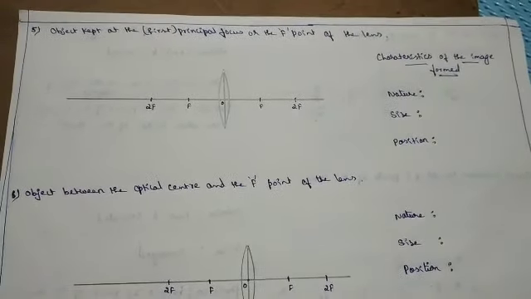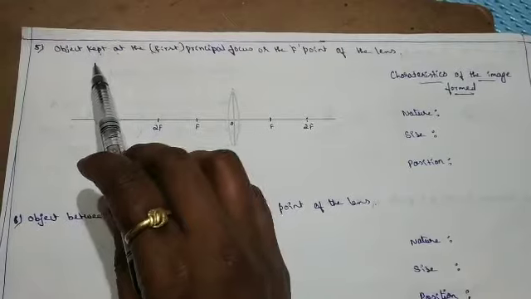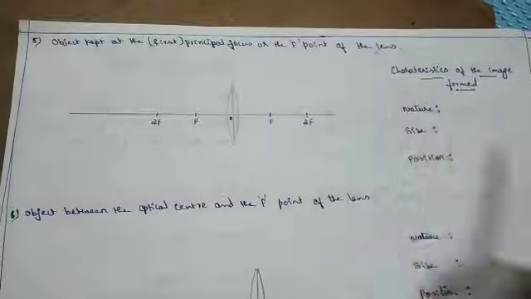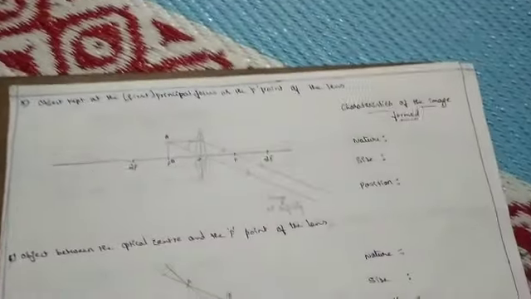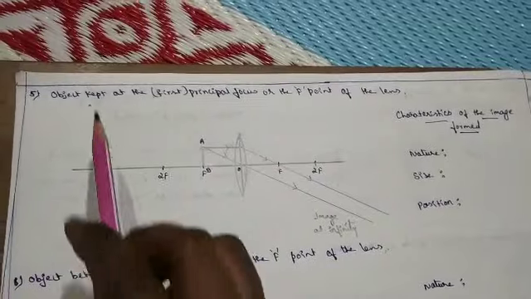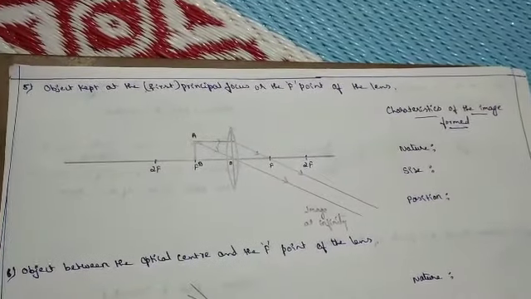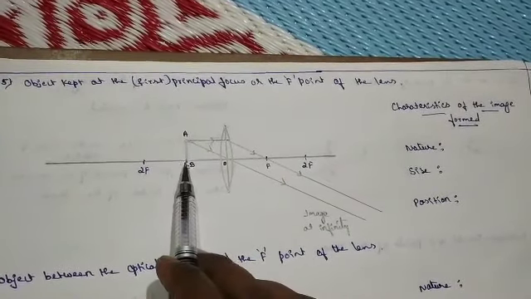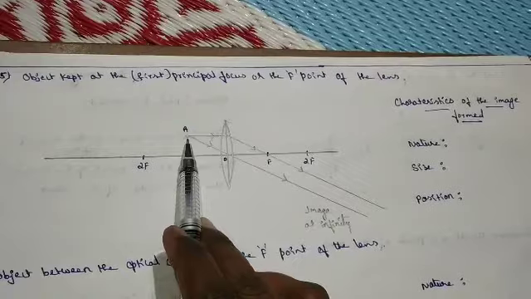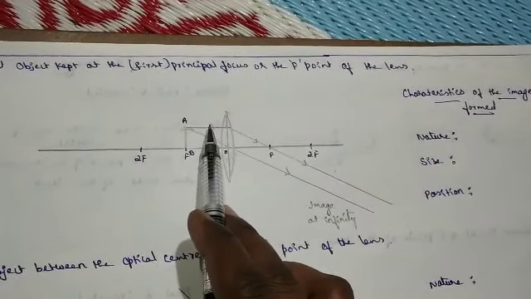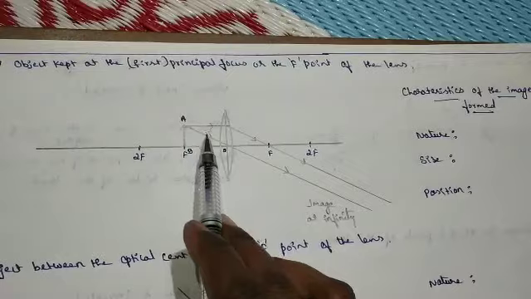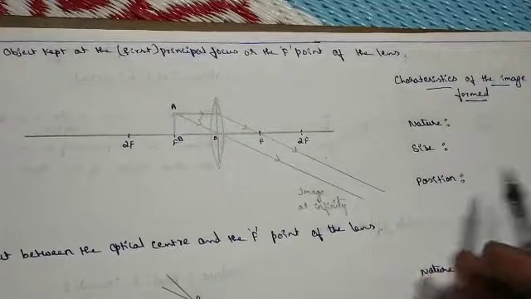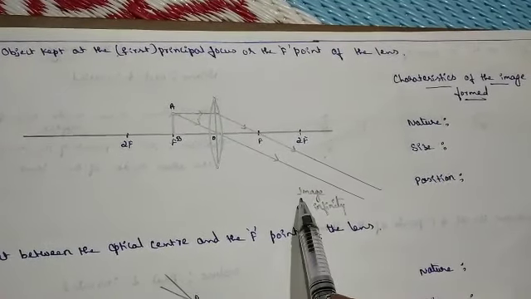Yes, the skeletal diagram is ready for the object kept at the principal focus, or you can call it the F point of the lens. So moving to the fifth case, object kept at the first principal focus, the F point of the lens. Here the object is placed at point F. One incident ray is parallel to the principal axis, the other one is passing through the optic center. You can see they are not going to meet anywhere, so it is written as image at infinity.